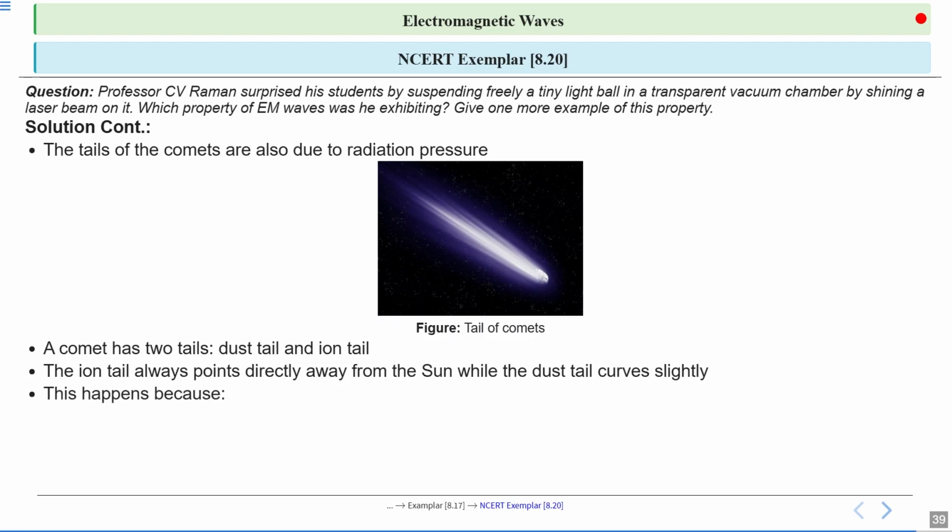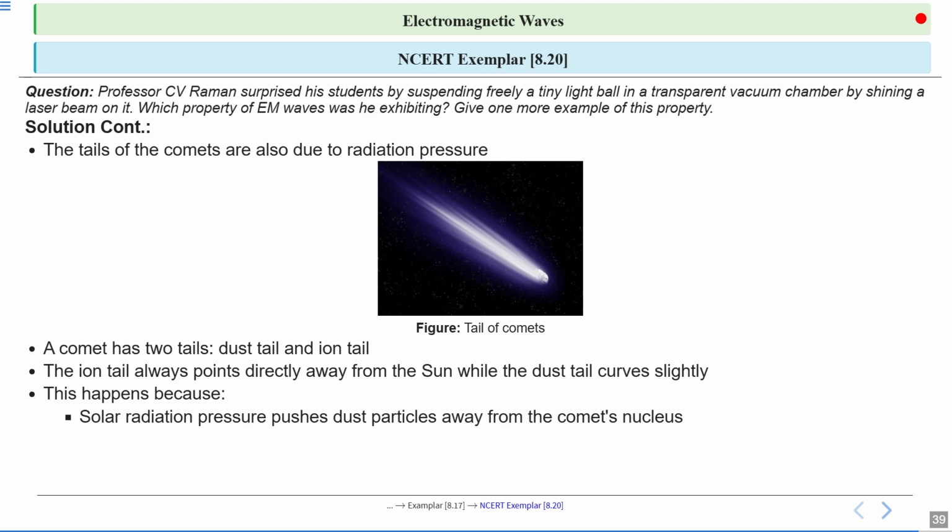Why are the ion tail and dust tail pointing away from the sun? Because of solar radiation pressure. Almost all types of radiation are coming from the sun.